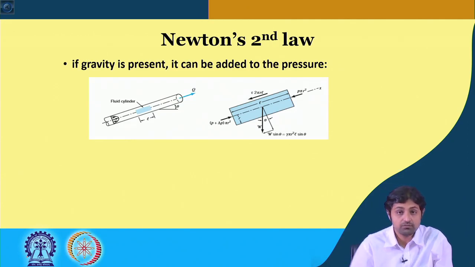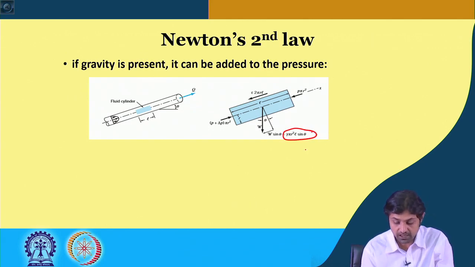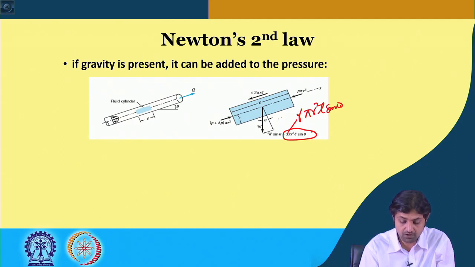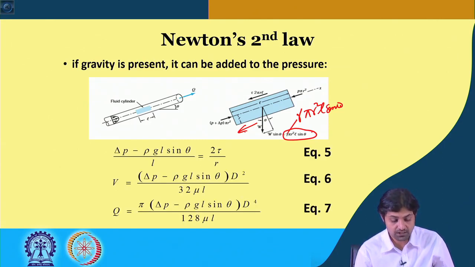Earlier our pipe was horizontal, there was no gravity, but right now the equations of motion will change, because then there will be another component, W sin theta, that is gamma pi r square L sin theta, that will be acting in this direction.